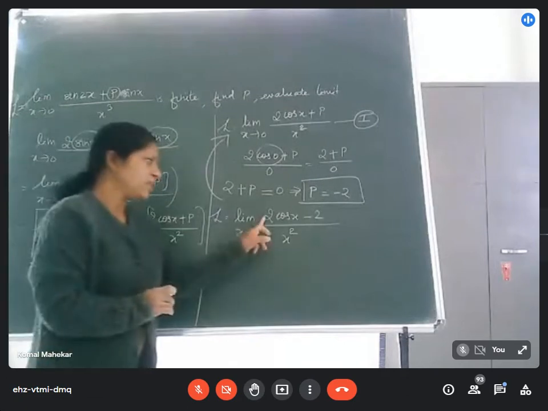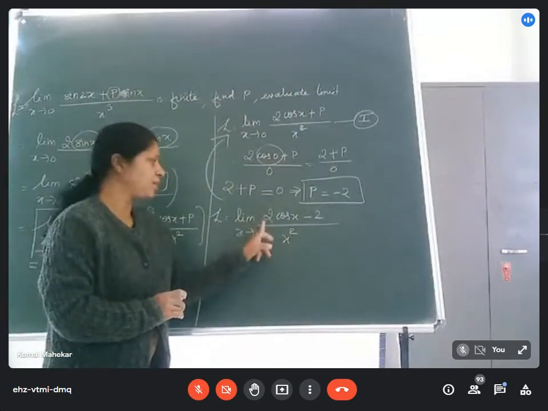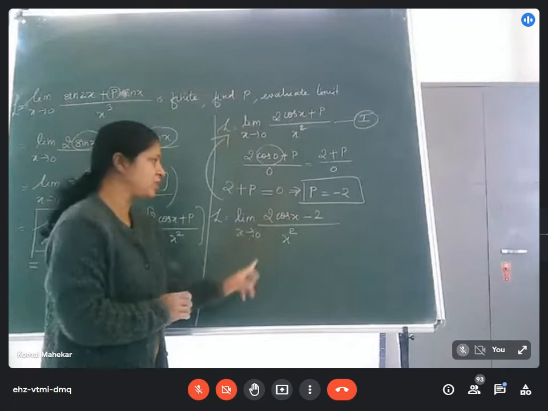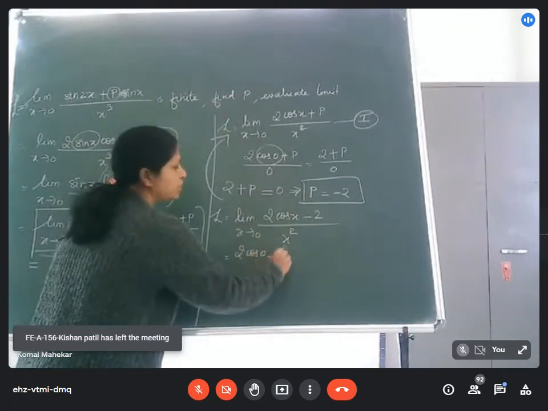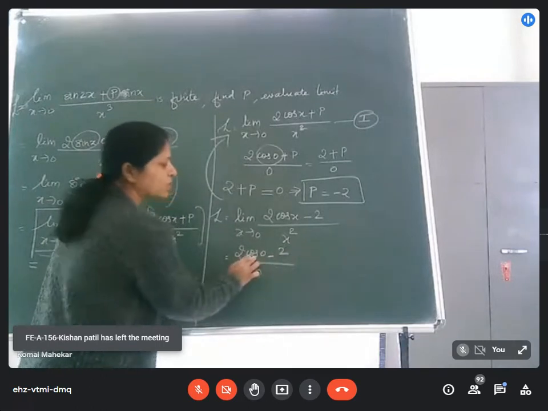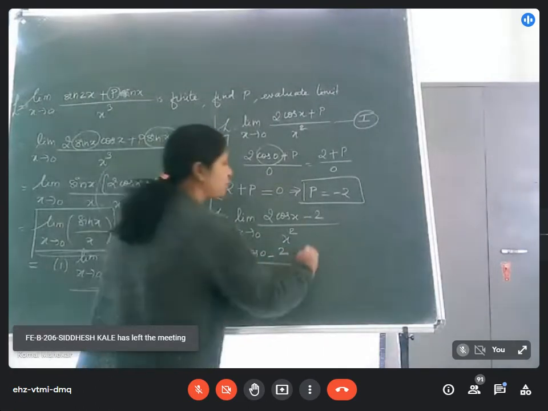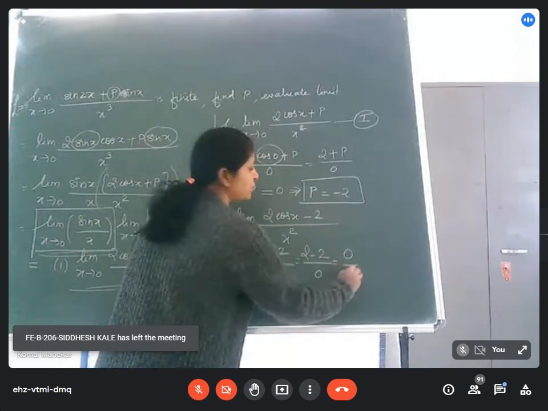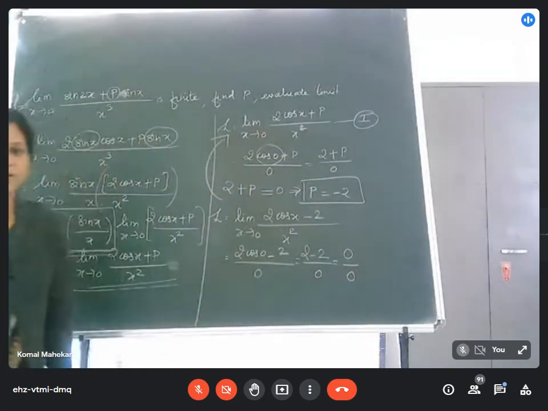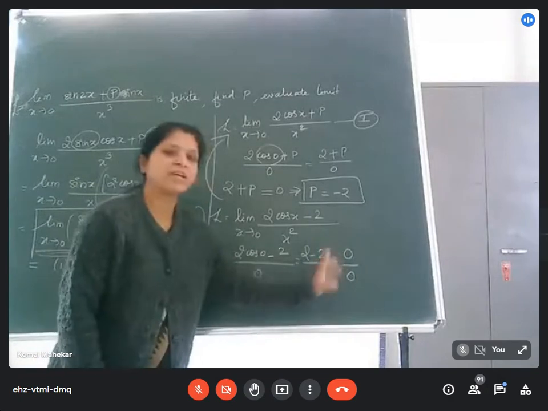Now see the form of the function. If you apply the limit x tends to 0, then this becomes 2 into cos of 0 minus 2 upon 0. But cos 0 is 1, so this is 2 minus 2 upon 0. 2 minus 2 is 0, and the denominator is 0, so it is in 0 by 0 form.